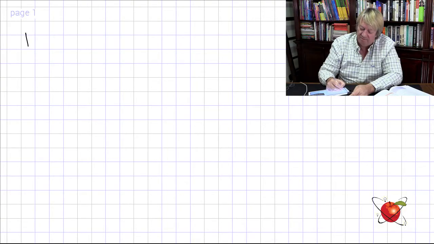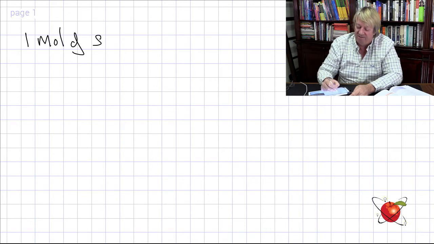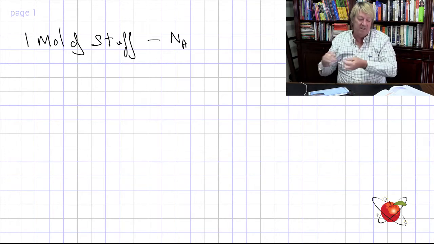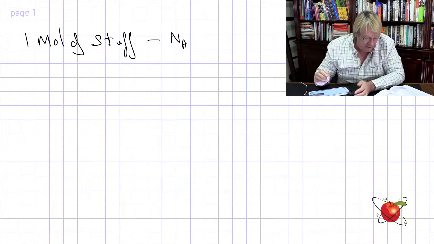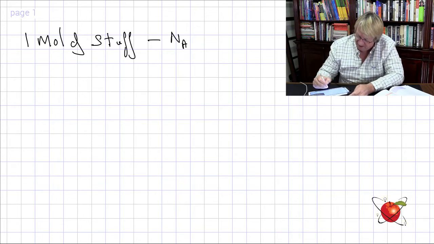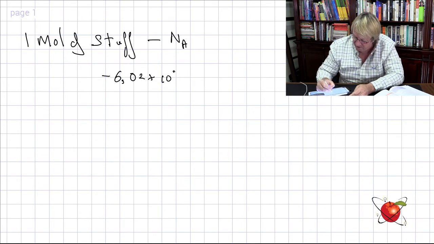So what have we got? 1 mole of stuff has got Avogadro's number, Na. I'm just going to write it down there. It is equal to 6.02 times 10 to the 23 bits of stuff.